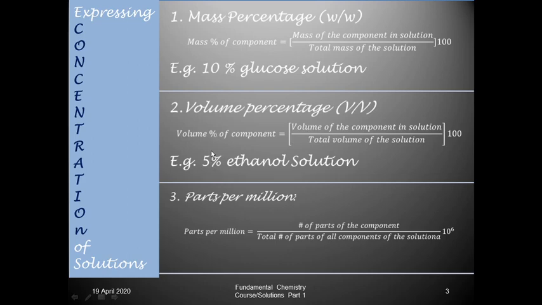So for example, 5% ethanol solution. What do you mean by 5% aqueous ethanol solution? Aqueous means I am going to use water as my solvent. 5% aqueous ethanol solution means in 100 ml of total solution, we are going to take 5 ml of ethanol and add the remaining 95 ml of distilled water, and totally you have the solution which we can call 5% ethanol solution.